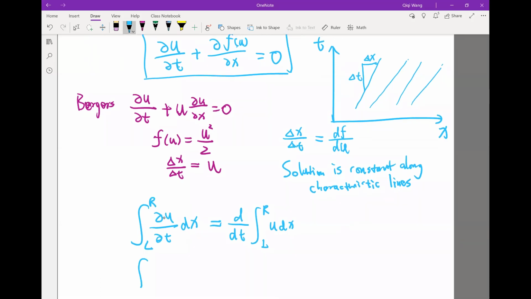And when you integrate the other term, the derivative of f over x, this is x and the integration is in x. Unlike in the previous, where I'm integrating x and differentiating t, now I'm differentiating x and integrating in x. What I get is f(u), the difference between right and left, right? So you plug this into the equation, and this is really the integral form.